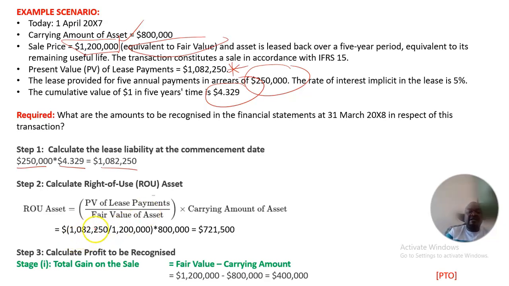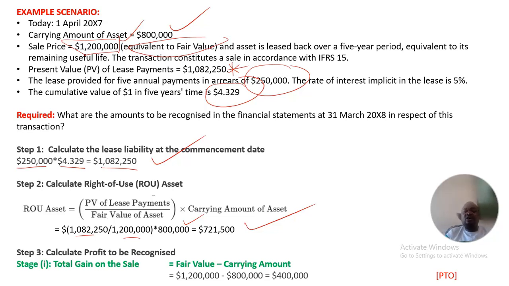And the PV of lease payments, as we have computed in step 1, is 1,082,250. You then divide that by the fair value of the asset, and multiply by the carrying amount of the asset, which was 800,000 from the question, and you are going to get your right of use asset, which you are going to recognize in your records.